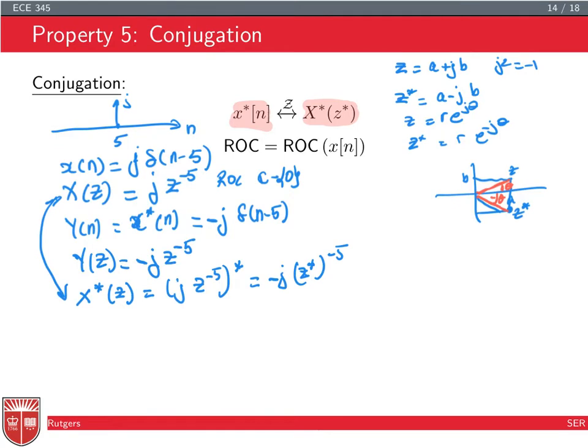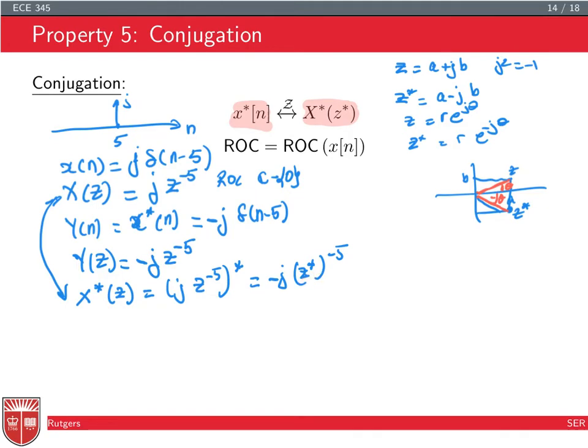And now you see that when you take the conjugate of X, you don't really get Y(z). You get minus j, which is the correct term, but you also took the conjugate of z, which is z star, whereas here z remains z. So that's why you have to do the conjugate again.